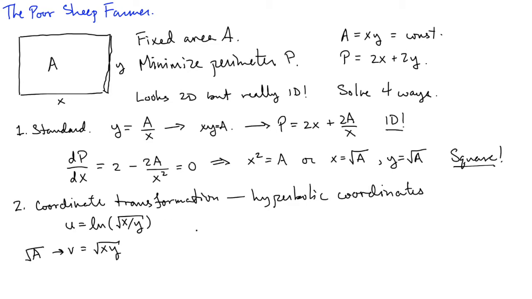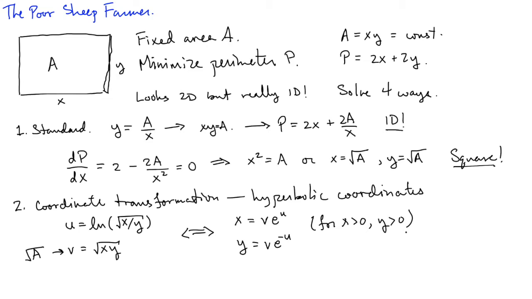The inverse transformation, which we're going to need, is x is equal to v times e to the u, and y is equal to v times e to the minus u. And this is true for x greater than 0 and y greater than 0. Our poor sheep farmer would like to have his pen have positive width and positive length.